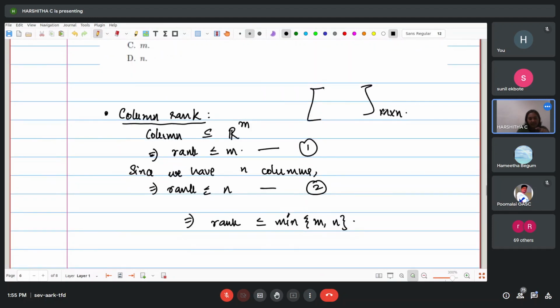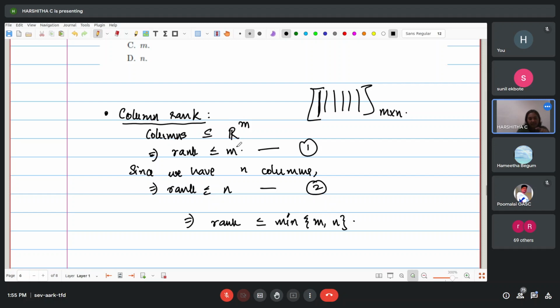So if it is an m cross n matrix, what does this mean? You take a column, it is a vector in Rm, right? Yes, ma'am. So if you take the space generated by all the columns, it is a subspace of Rm.